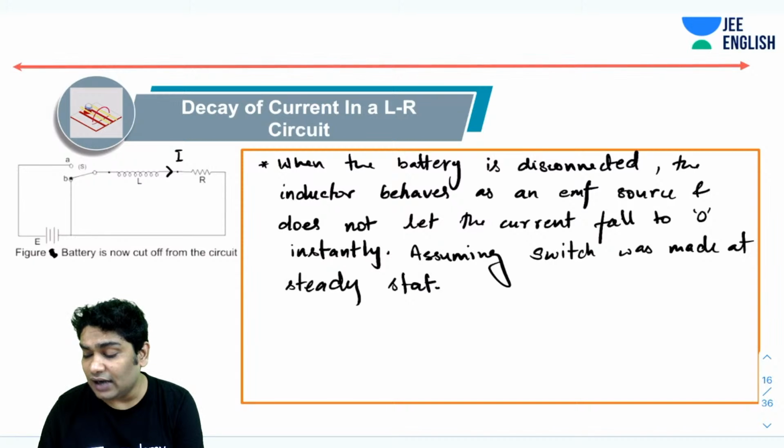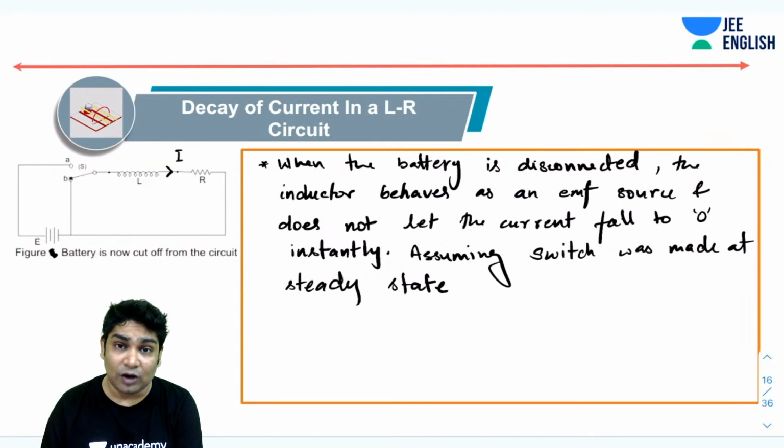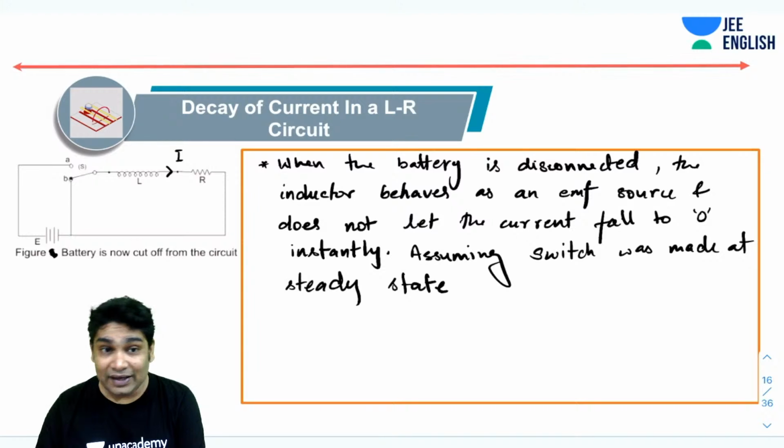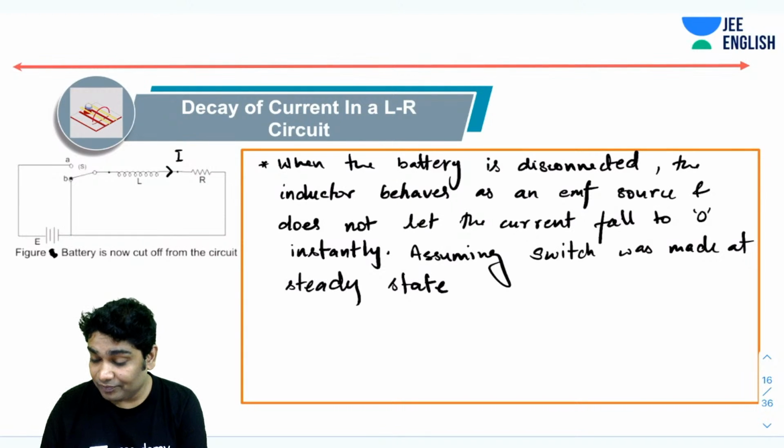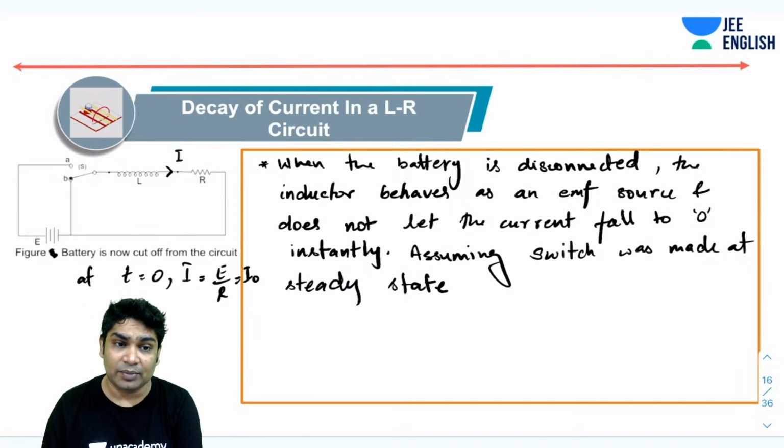I will realize that at t equals 0, the current would be I naught, which would have been EMF by R. At t equals 0, the switch is being made, and at this time, I in the circuit would be E by R, which we can refer to as I naught or the peak current of the circuit, because the current will go on decreasing from here.